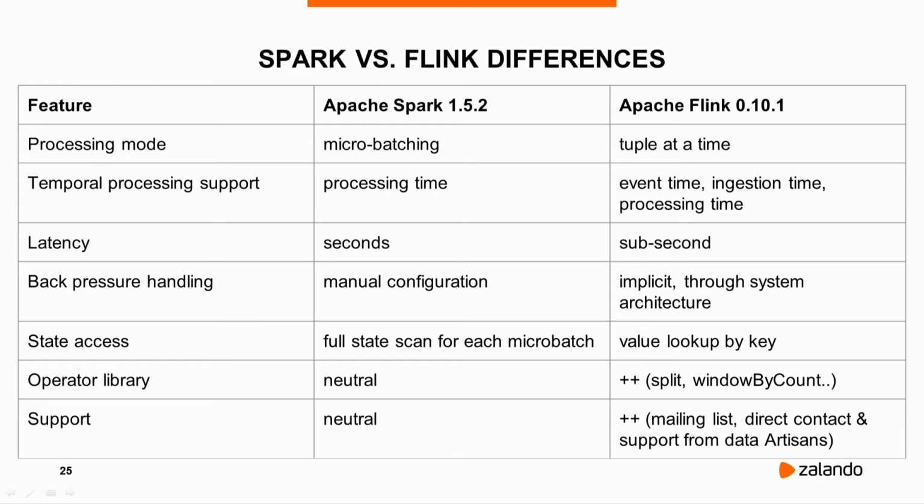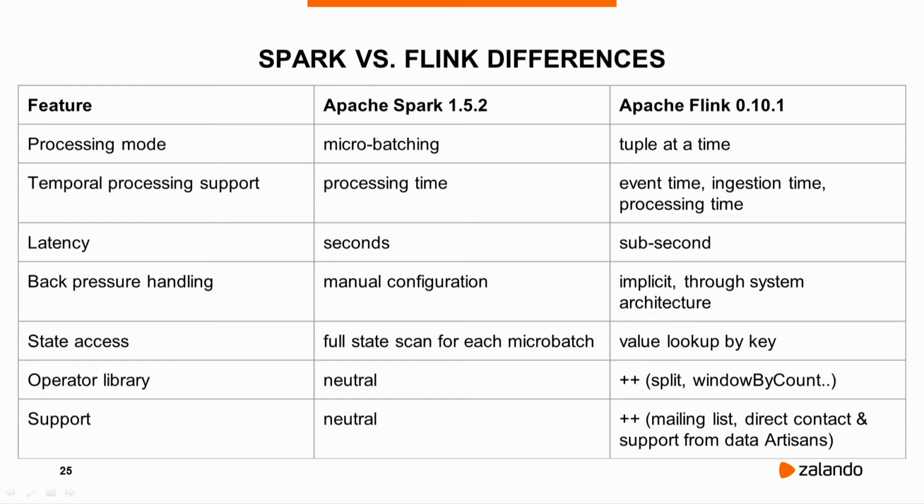Back pressure handling: in Spark there's a need for manual configuration, while Flink manages it by itself through its system architecture. And one very important feature for us was the state. In Spark 1.5.2, the state was implemented as a distributed data set, so a full state scan was required for each microbatch.